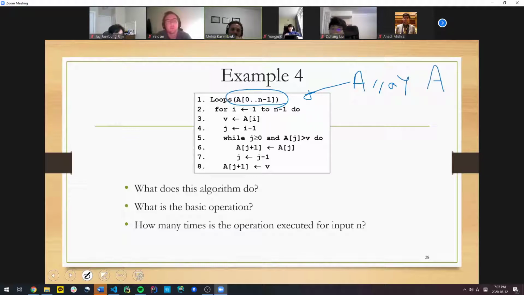There is a for loop, and inside that for loop there is a while. Why don't you take a minute to tell me what this algorithm does? The follow-up question would be what's the basic operation there?